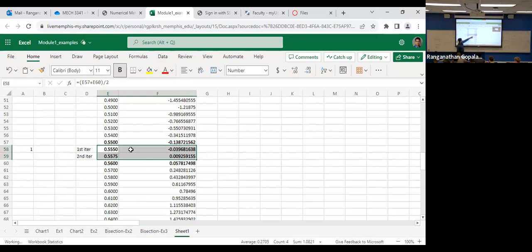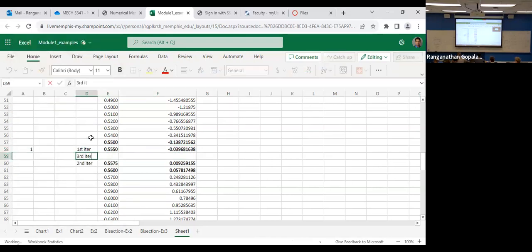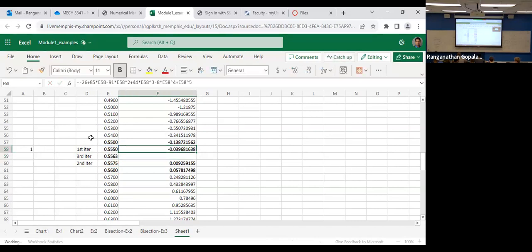At 5575 it's positive. So average of the two, narrow it further. So if I add one iteration, third iteration is the average of the two.